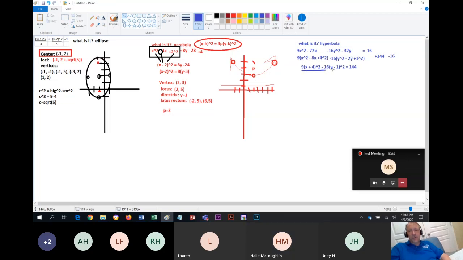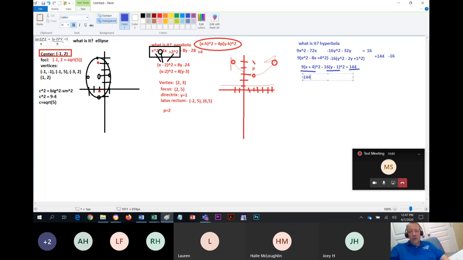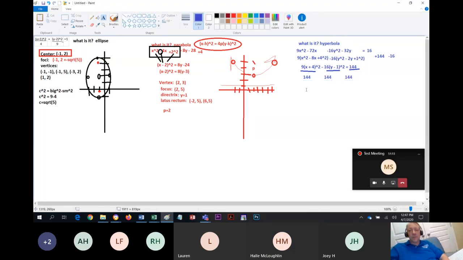Divide. It just went to white for no reason. Divide, okay? And so in all 3 cases, I'm going to divide by 144, 144, and 144. So what do we get on the first one?